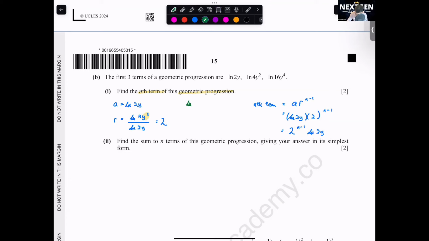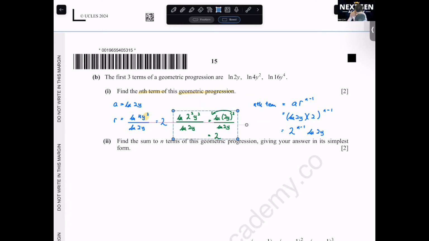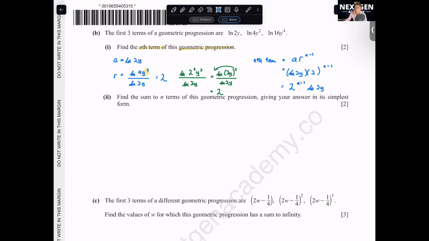We can write it as ln 2 squared y squared over ln 2y. 2 squared y squared, I can write as ln (2y) squared also. Very tricky, this one. Bring the power in front, so it becomes 2 ln 2y over ln 2y, which equals 2. Please write this part down. Very, very tricky.